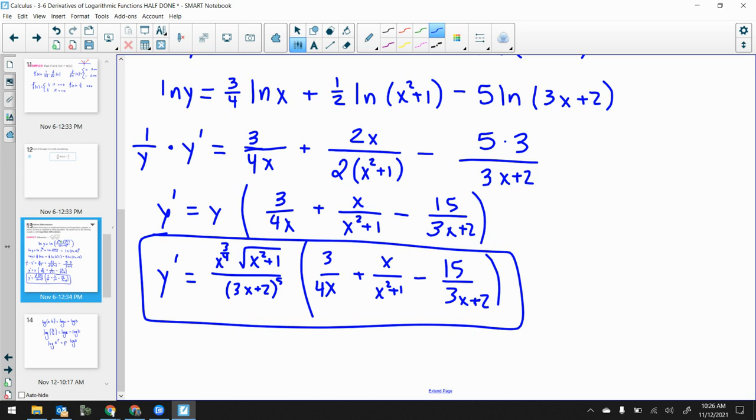Say I wanted to find, along this function, the point when x equals 7. At x equals 7, on that function, I could find the instantaneous slope just by plugging in 7 everywhere for x. And that would give me what the slope would be. It would take a minute because there are a lot of different pieces and parts, but I would be able to tell what the instantaneous rate of change would be.